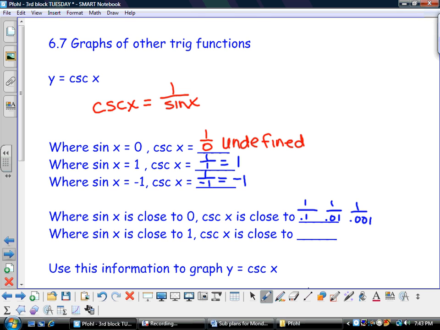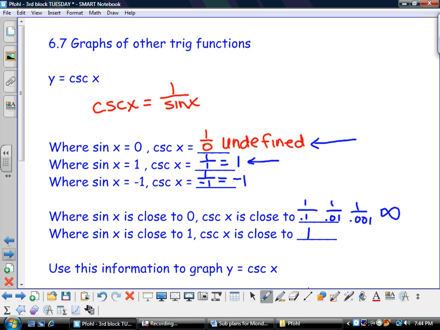Those numbers are getting bigger and bigger and bigger, right? So those numbers are getting closer and closer to infinity. We have an asymptote. It's undefined exactly at that point. And when it's really close to that point, it's going up towards infinity. Where sine of x is close to 1, cosecant is also close to 1. We figured that out up at the top.